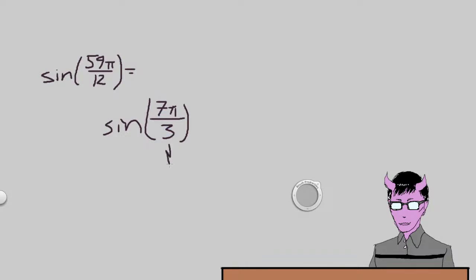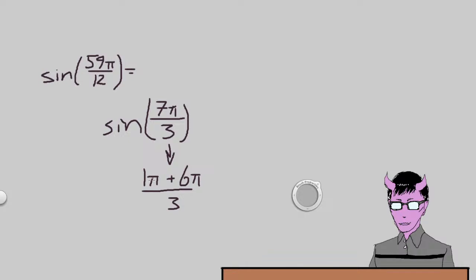So what we can do is we can split this up into a singular pi, 1 pi, and then plus 6 pi. Because again, the 7 has multiple 3's that you can divide out from it.